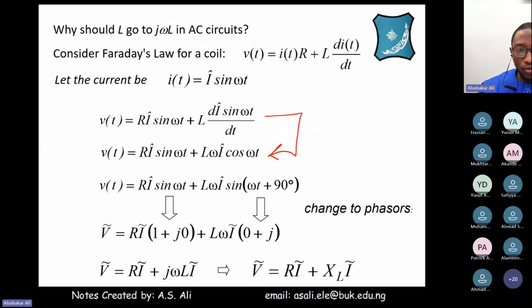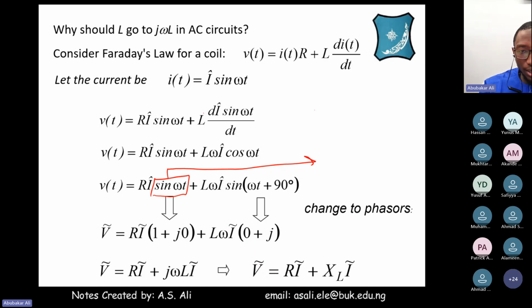Okay. We can also do some trigonometric analysis, right? Cos omega t is nothing but sine omega t plus 90 degrees. Okay. So if we are now going to go back to phasors, from sine we want to go to Cartesian form. We can replace this as 1 plus j0. And this one can also be 0 plus j.